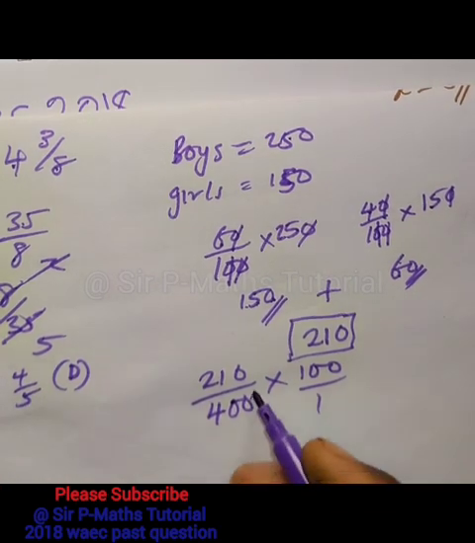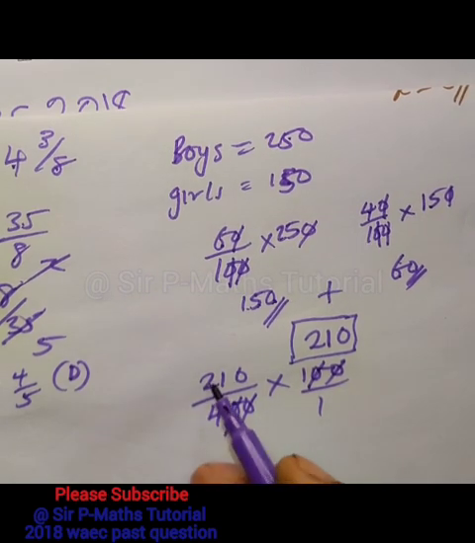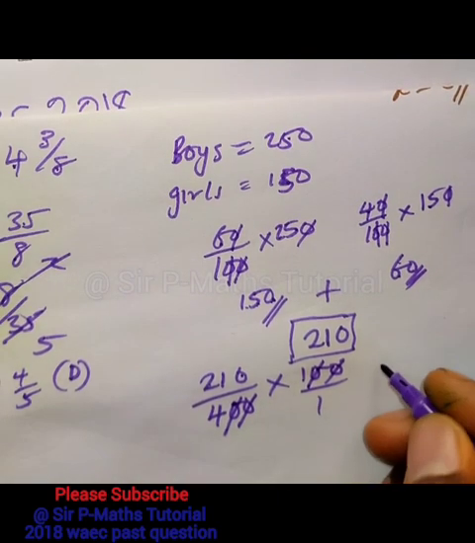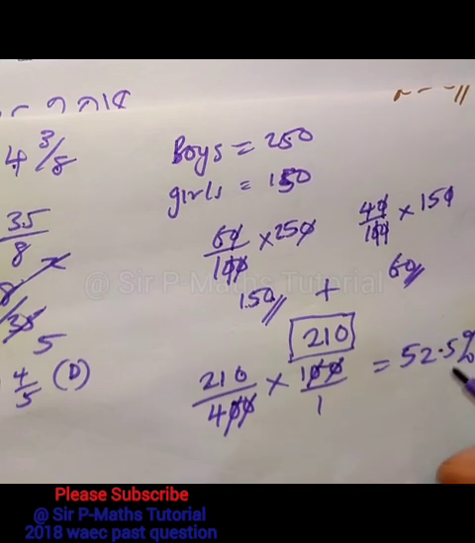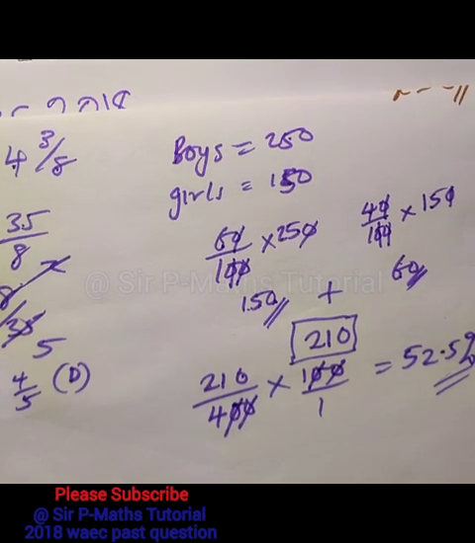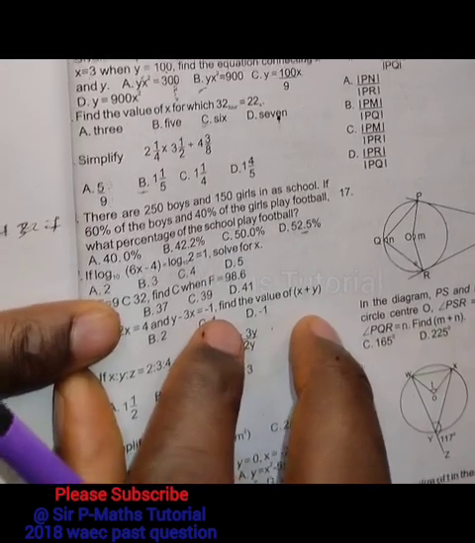Alright, 0 will cancel 0 here, 0 will cancel 0 here. I will have 210 divided by 4. If I divide it, I will obtain 52.5%. So the total percentage of students that play football in that school is 52.5, and that is in option D.